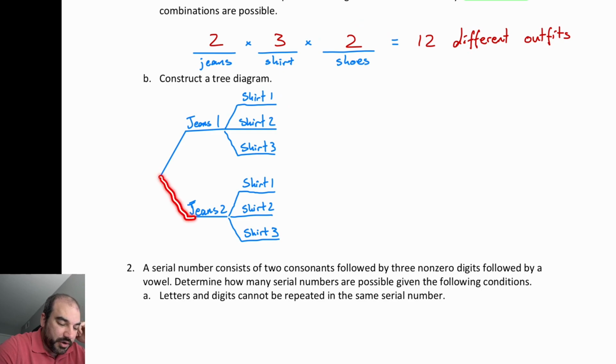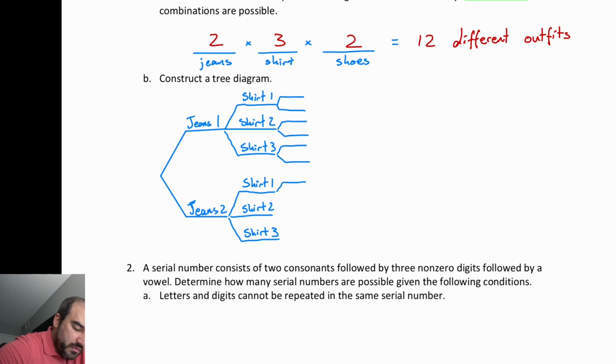So for example, if I go to jeans 2 and shirt 1, this also has 2 different options for the shoes. So each of these is going to split into 2 branches. Because there are 2 choices for the shoes.